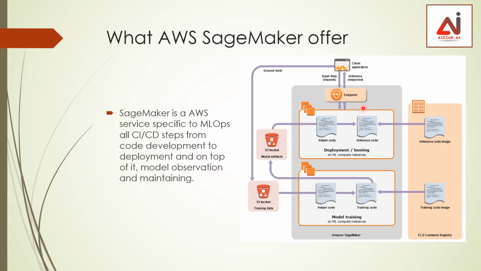As you can see, the deployment and hosting phase and the model training phase are under the SageMaker group. This results in deployment of models that are stored in EC2 instances, and the data that is accessed throughout this process of deploying, training, artifact storing, and feature extraction, all these steps are saved to a particular S3 bucket.